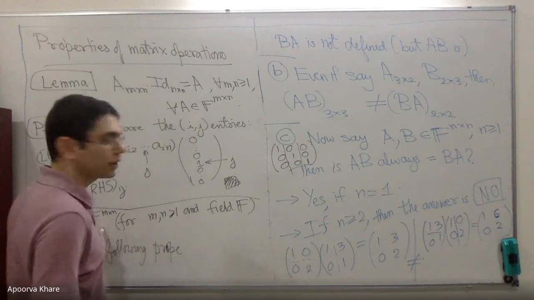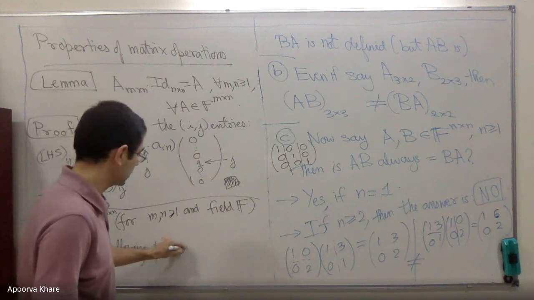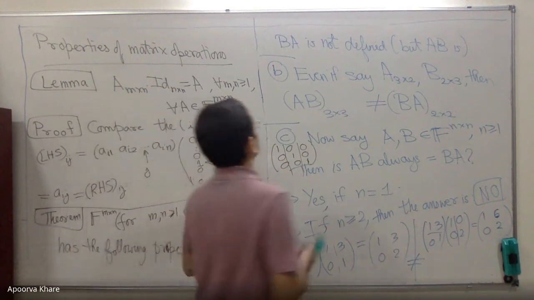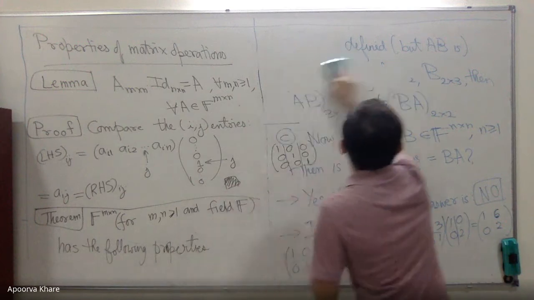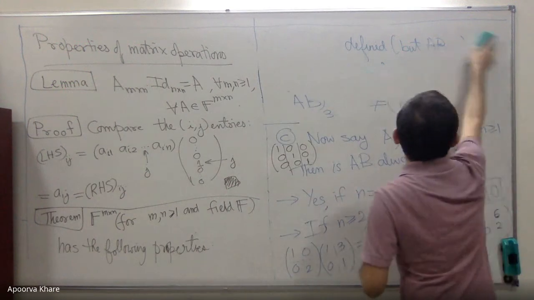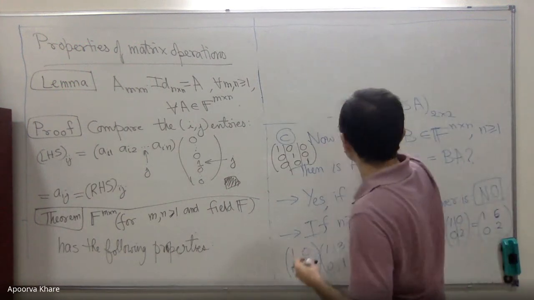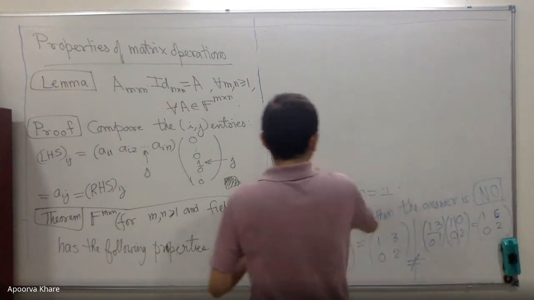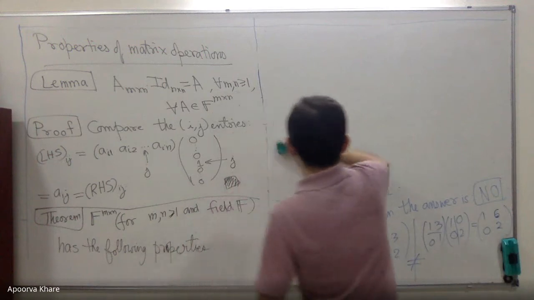Strictly speaking, I should take a union over these F to the m cross n spaces of matrices, because I will look at matrices from different spaces. The first couple of properties will work for a fixed m and n. I already said that, but let me write them down formally.